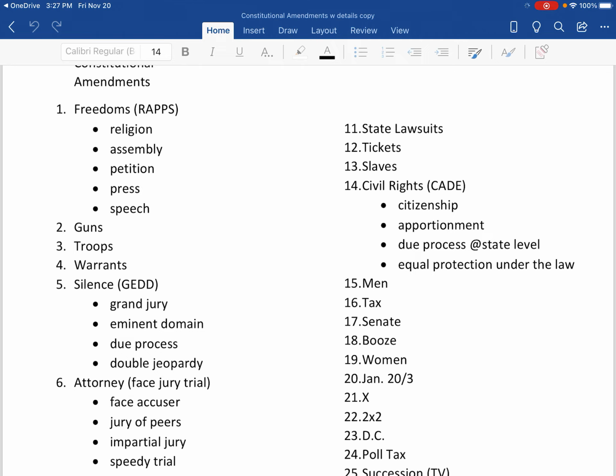The 16th Amendment. This is a graduated federal income tax, which basically all you really need to know is that for a long time it was almost impossible. There was a court case that came up, and it became a law that it was almost impossible to collect taxes. The federal government made it almost impossible to collect taxes.